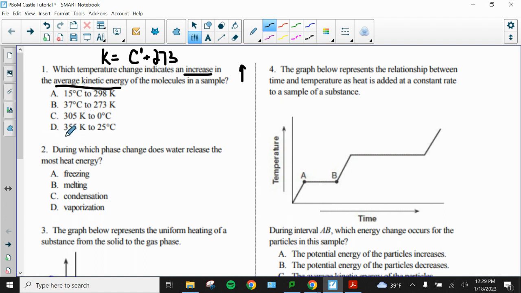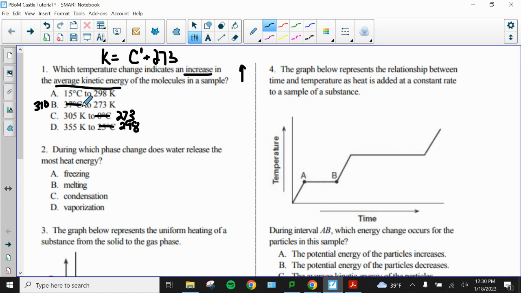I'm going to start on the bottom and say that 25 plus 273 is now 298. And 0 plus 273, that's easy. That's 273. And 37 plus 273, typing it in my handy old calculator, is 310.